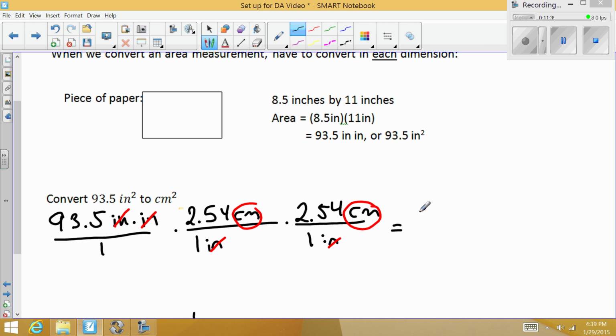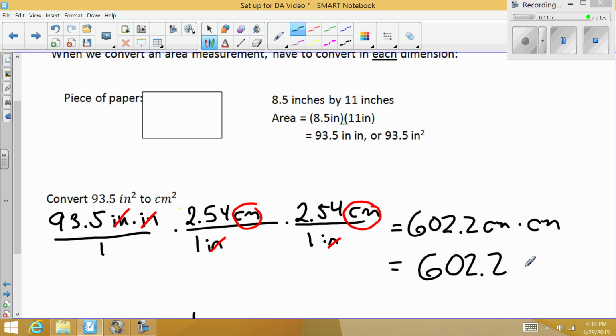That gives me 602.2 centimeters times centimeters, which is centimeters squared. So the same as what we were doing in our first examples, but because area is 2 dimensions, we have to apply our conversion factor twice.